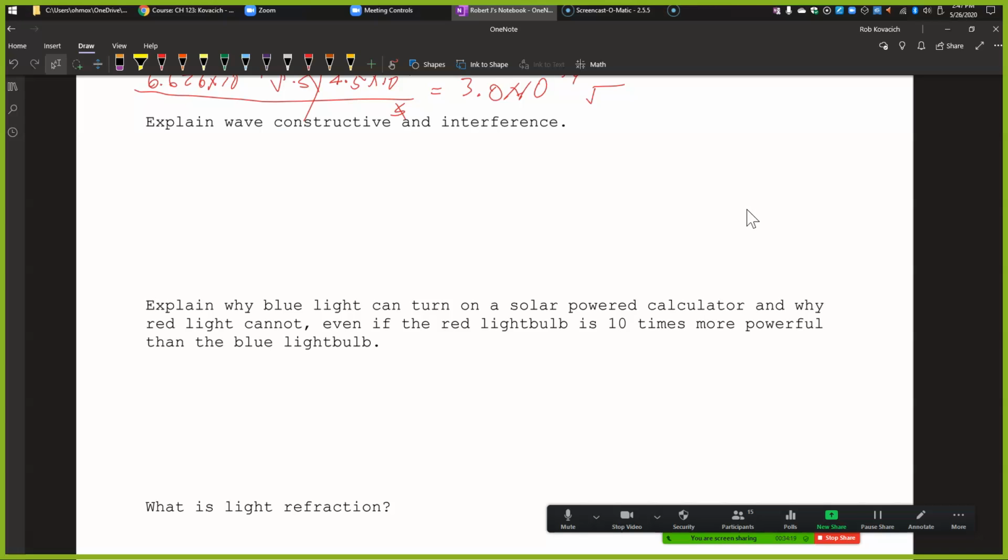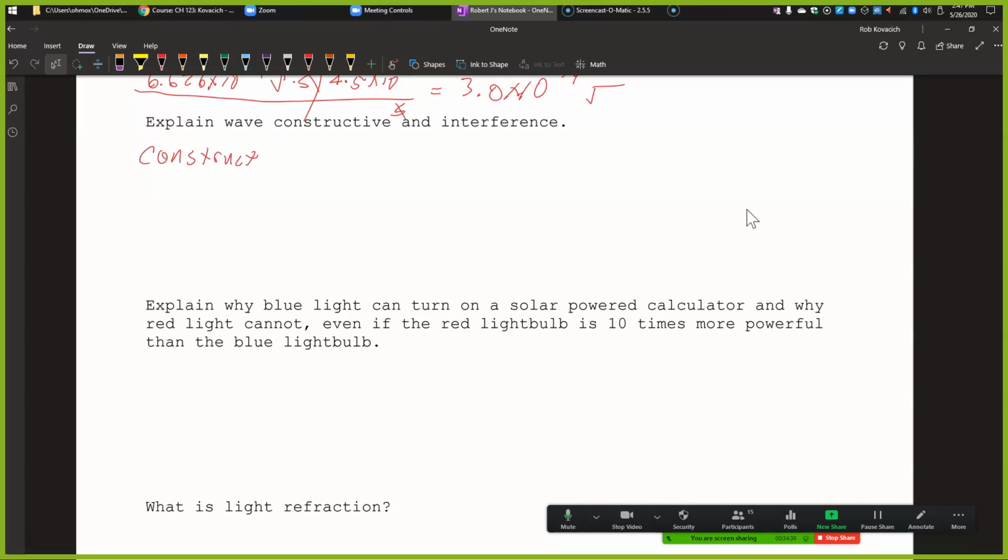Okay, so constructive interference is when two waves come together and then they build upon each other because they're both, like, is it because they're both equal sizes?